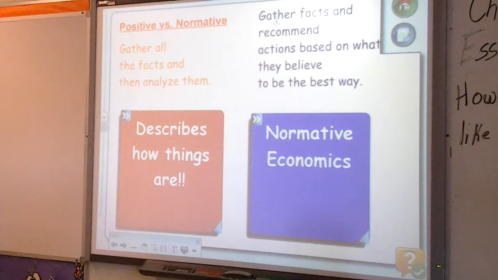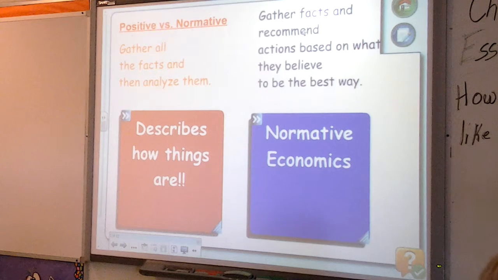As versus normative economics, which also gathers facts, but then makes a recommendation. If we're only getting 10% of our students from out of district, this is what I think we should do to get more students from Marysville or Algonac.